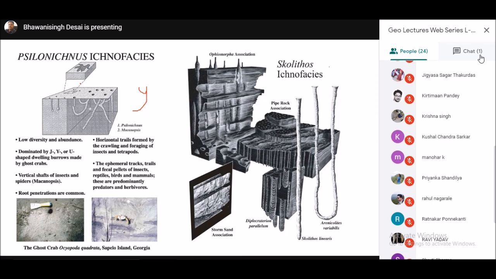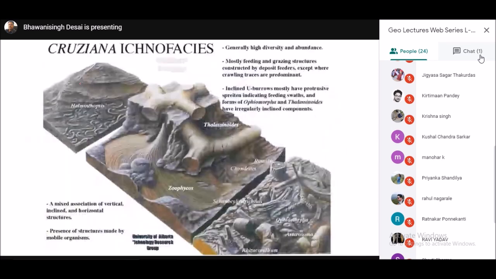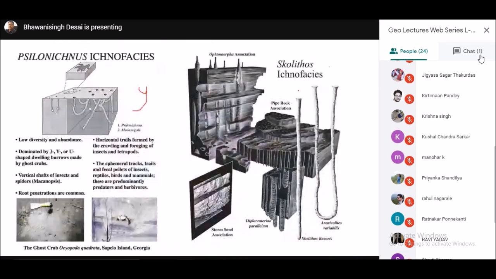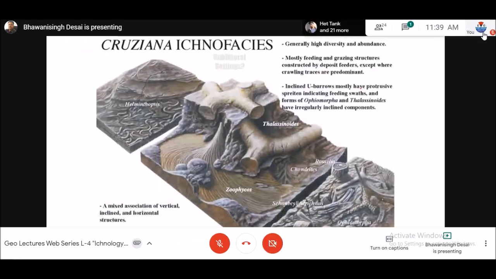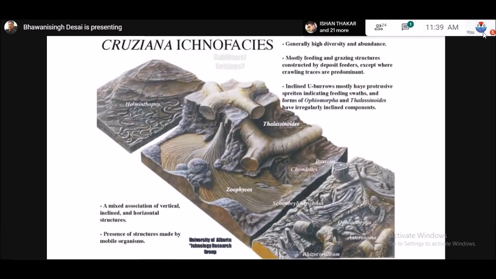As you go deeper, it is replaced by the Cruziana ichnofacies. Now this is very unique because this has more horizontal burrows than vertical burrows, but vertical burrows are also here. In Skolithos, you have 99% of the burrows vertical. Here 80% would be horizontal, 20% would be vertical.